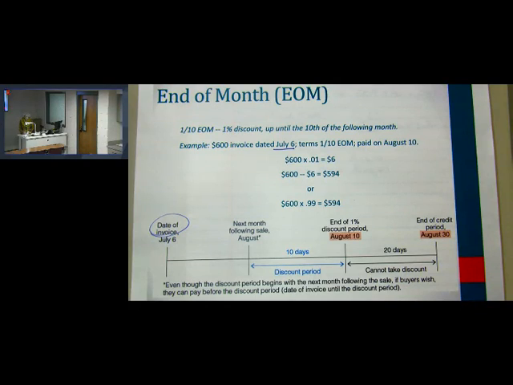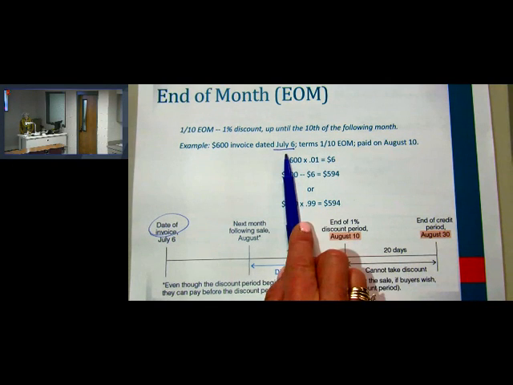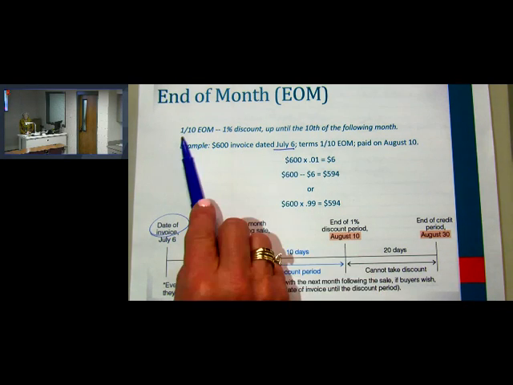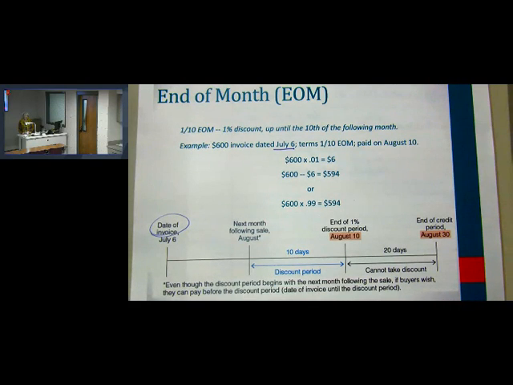So once again, my invoice came out July 6th. I get all of July and the first 10 days of August to get a 1% discount. Okay? So the discount period ends on an EOM the 10th day of the following month if the invoice is dated on or before the 25th of the month.